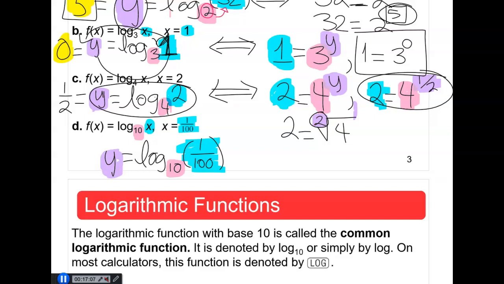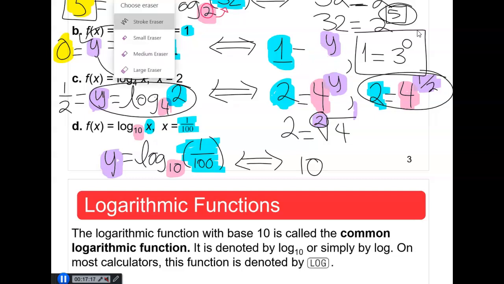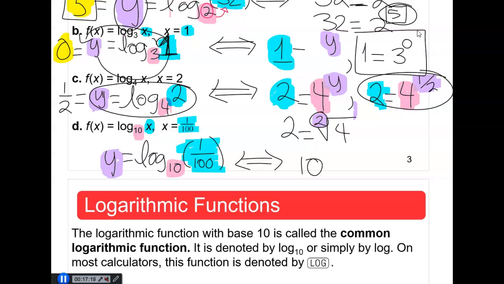Okay, so we convert this to exponential, and it will be 10 to the power y is equal to 1 over 100.